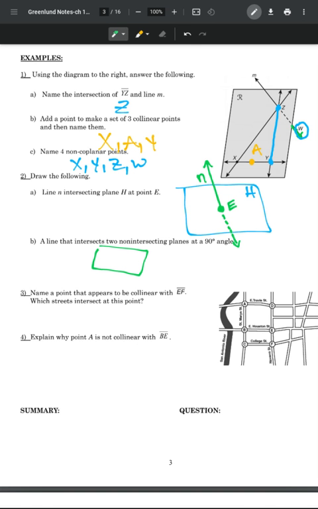So if we were to try to draw that, I could draw this plane, and then I could draw this plane. And we just do our best to kind of show that they're stacked on top of each other, or you could go stacked left to right. And then what I need is a line that intersects these two planes at a 90-degree angle. So if I draw a line here with a point and then a dotted line, oops, sorry, that doesn't look dotted.